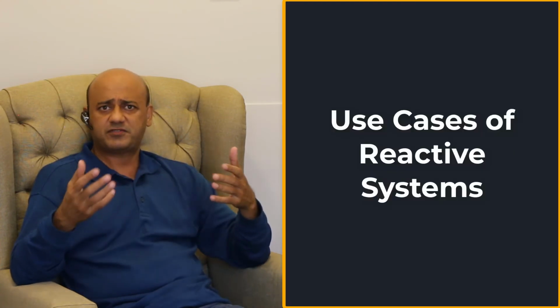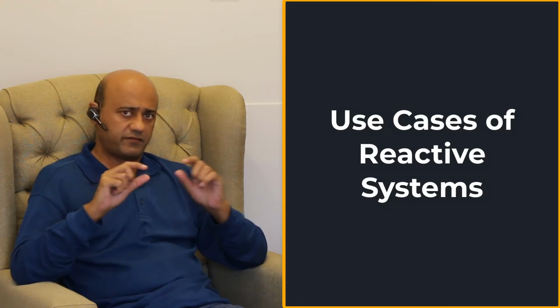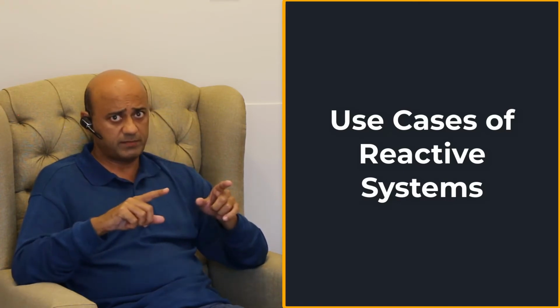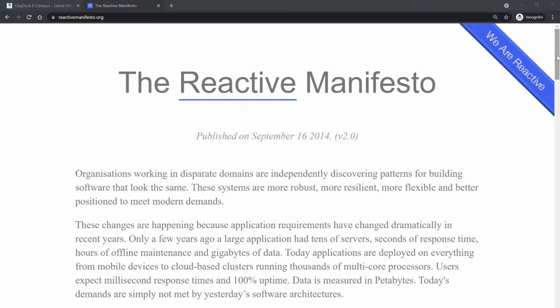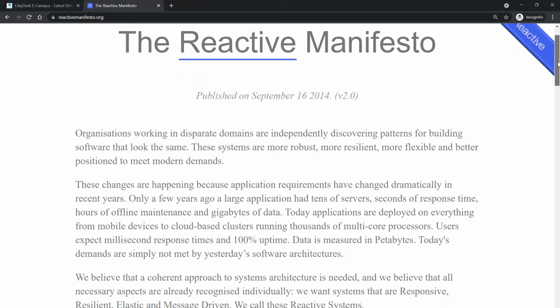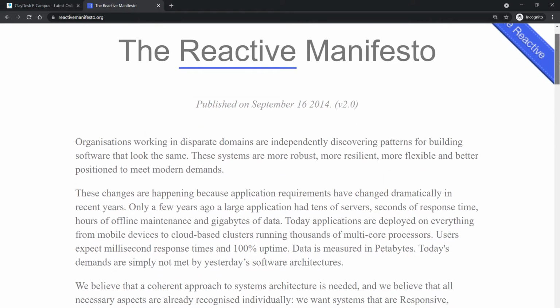What are the typical use cases of reactive systems? The essential characteristics of reactive systems, we already talked about those. The use cases for reactive systems have in common that potentially millions of messages flow into the backend system. The impact of this requirement is that the backend system must be able to quickly scale out and be resilient.